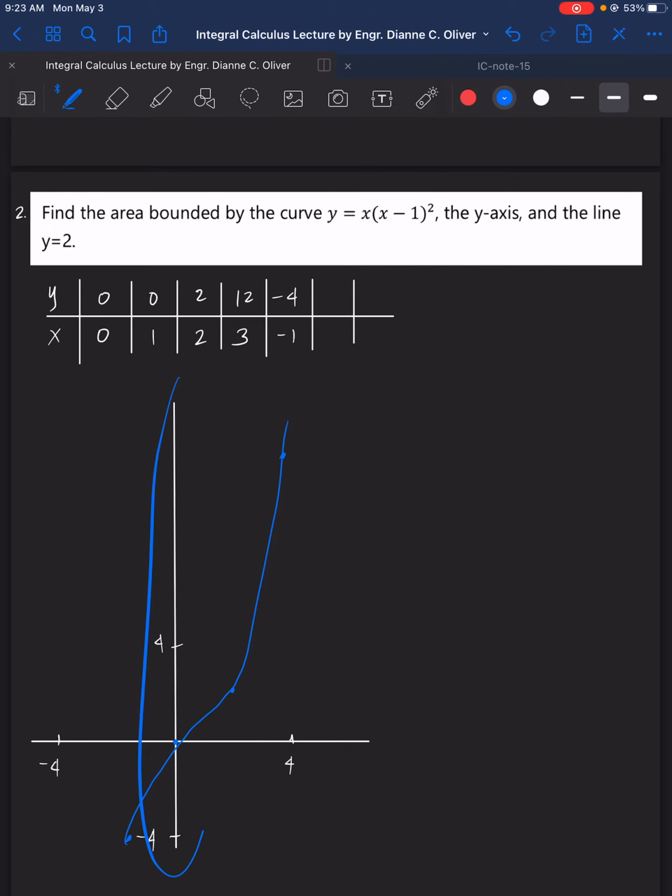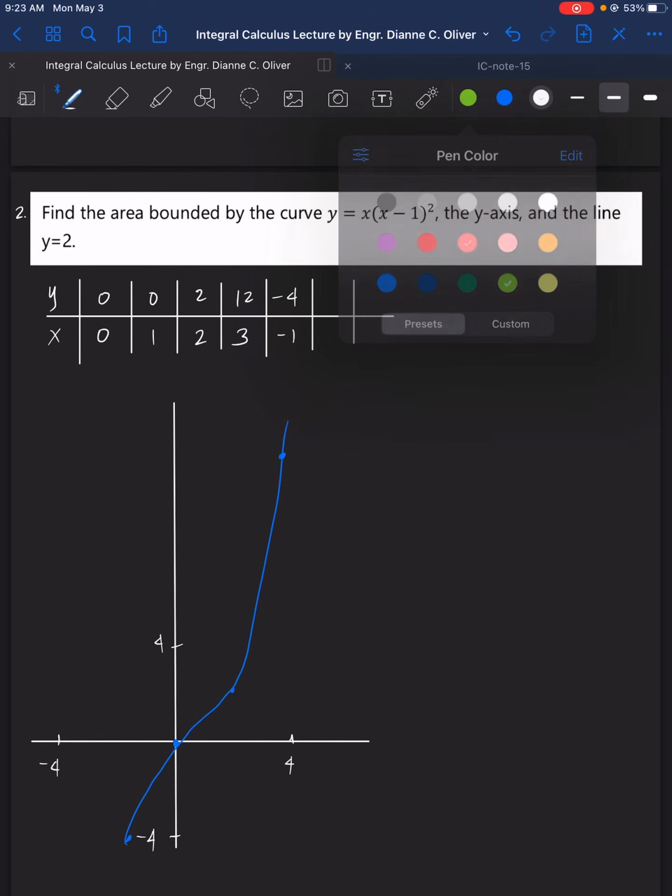This is the y-axis. Then the line is y equals 2. Okay, this is the curve. And then the line is y is equal to 2. This is the line.